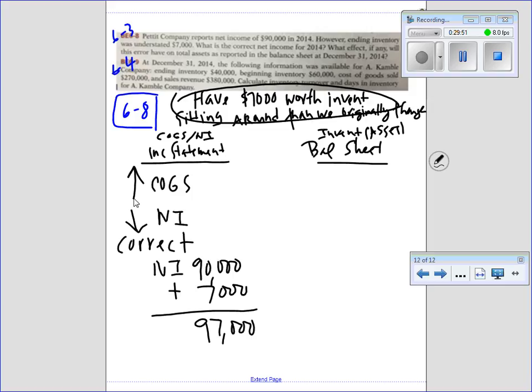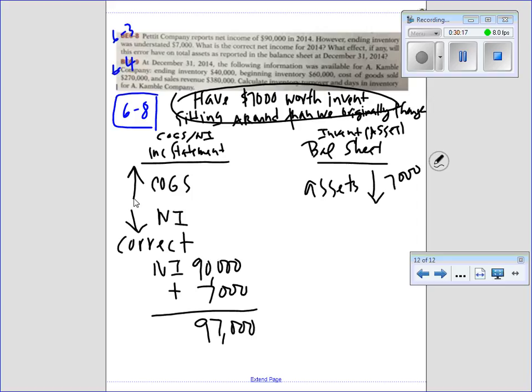From the balance sheet side of things, assets were understated by $7,000 because remember, we own that inventory, and if we didn't know we had 7, it would have been $7,000 less than what it should have been.